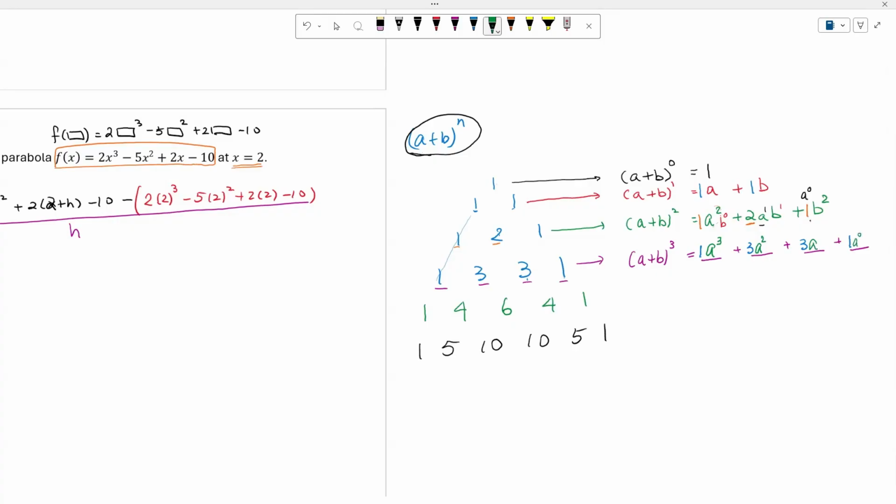And now how about b? b to the power of 0, then b to the second, and b to the third. And now if I simplify this, I will get a to the power 3 plus 3a squared b plus 3ab squared plus b to the power 3.